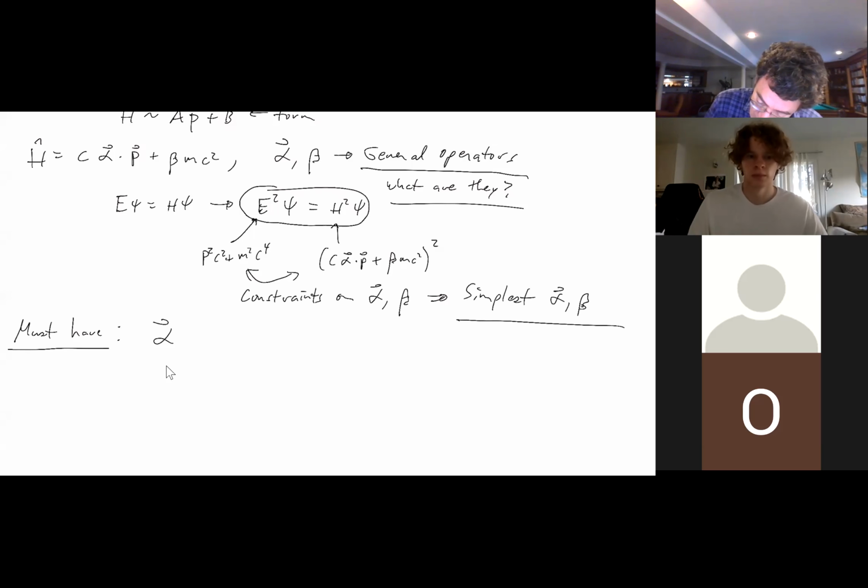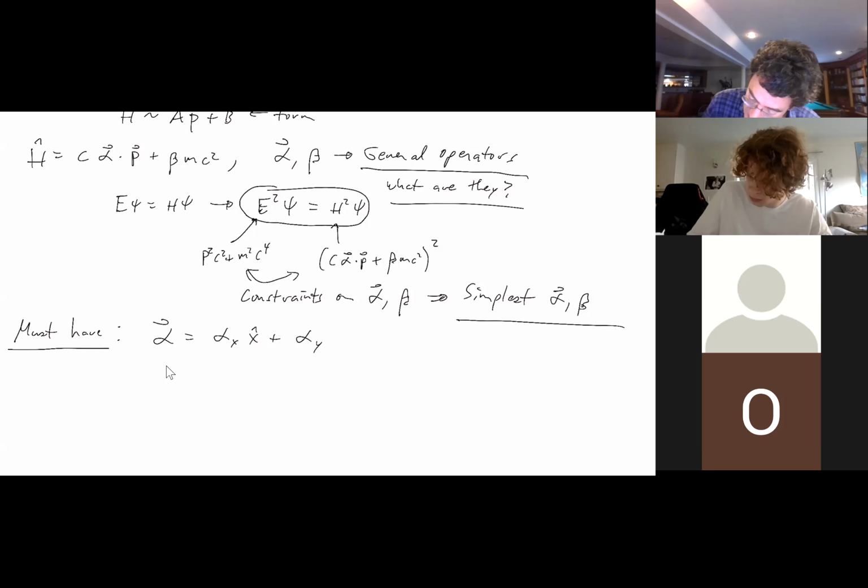Let's write it down. Alpha is equal to alpha_x x-hat plus alpha_y y-hat plus alpha_z z-hat.